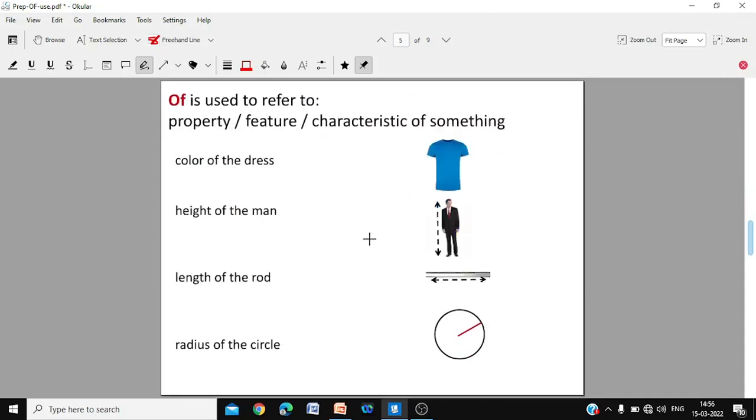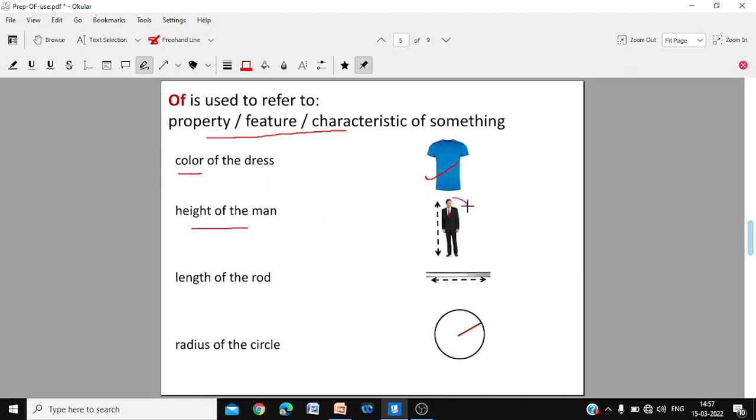Then, of is used to refer to a property or feature or characteristics. Color of the dress. Dress is an object and the color, blue, red or whatever it might be, is one property of the object. The height of the man.